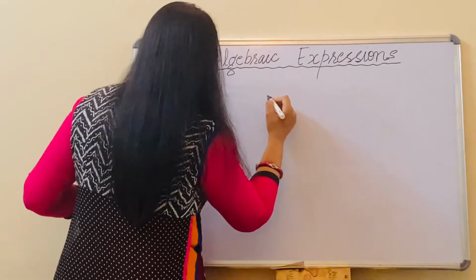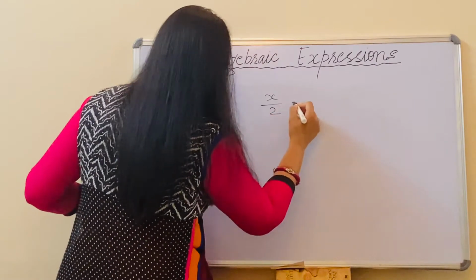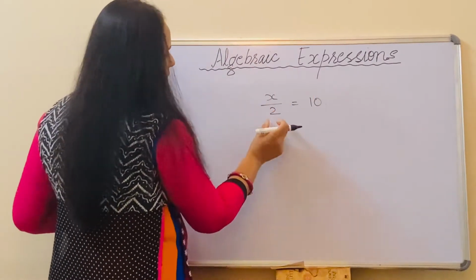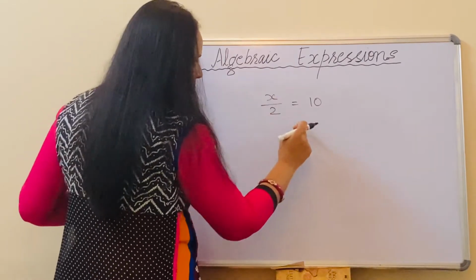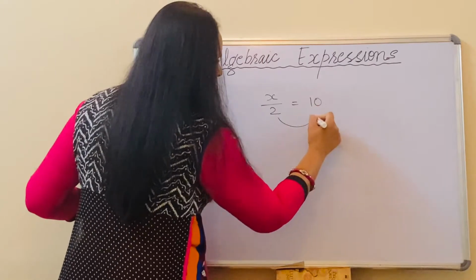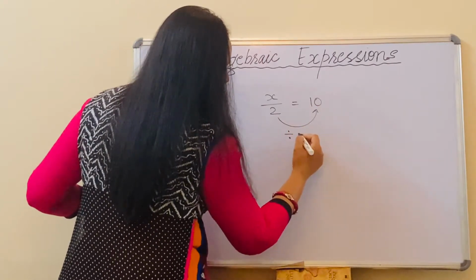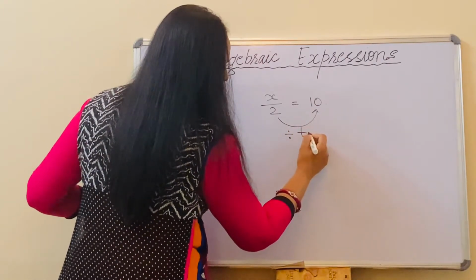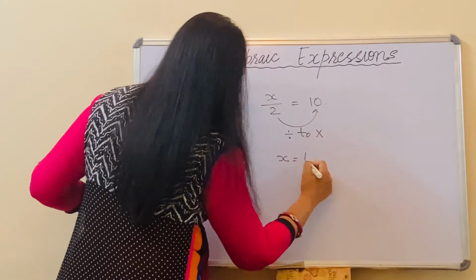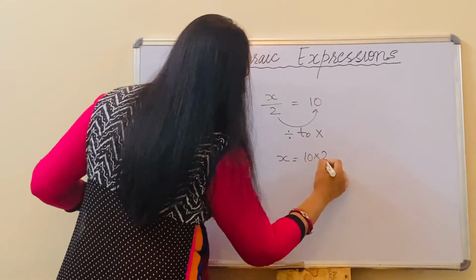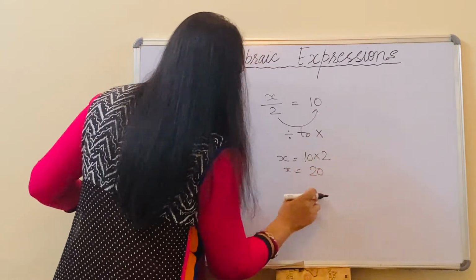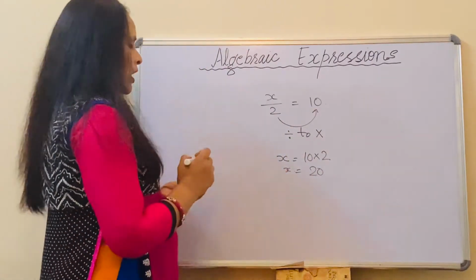I am taking x by 2 is equal to 10. Now you can see that 2 is in division. When it is transferred from the left hand side to the right hand side, the division sign is converted into multiplication. The value of x can be calculated as 10 into 2, which is 20. So 20 is the solution to the equation.